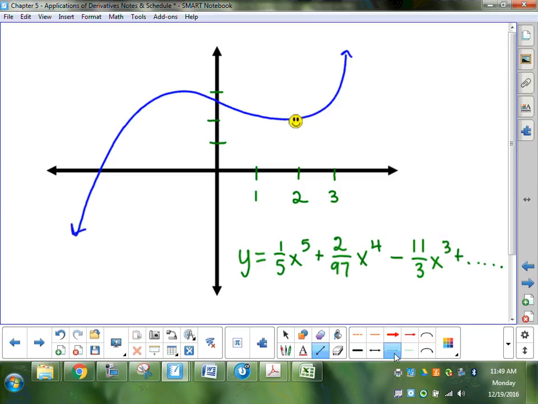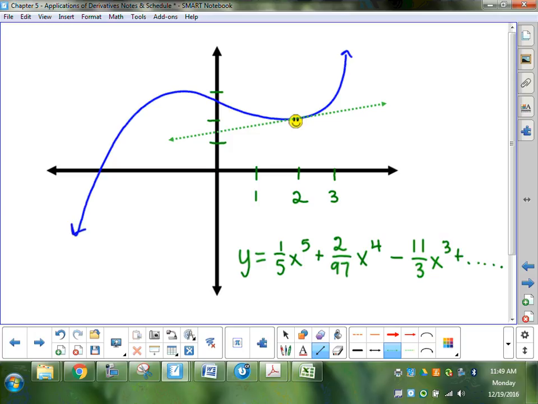You can go through and determine what the equation of the tangent line is at 2. How could you figure out what the equation of the tangent line is at 2? What information would we need? We need the derivative, and then we're going to evaluate it to figure out the slope. What else do we need to know in order to give the equation of the tangent line? What point are we going to use?